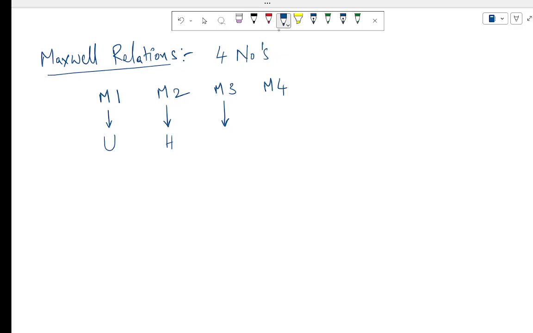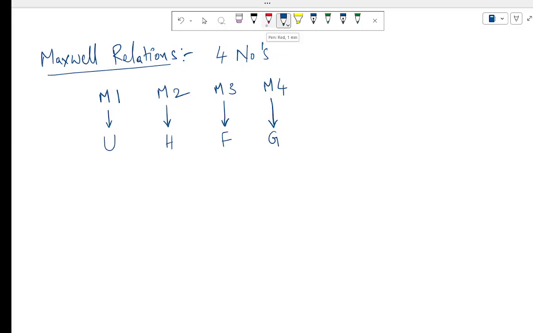M3 will be dependent on F. This is called the Helmholtz function. Basically, what the Helmholtz function is we will see when we go to M3 directly, and M4 is G. G is nothing but the Gibbs function.